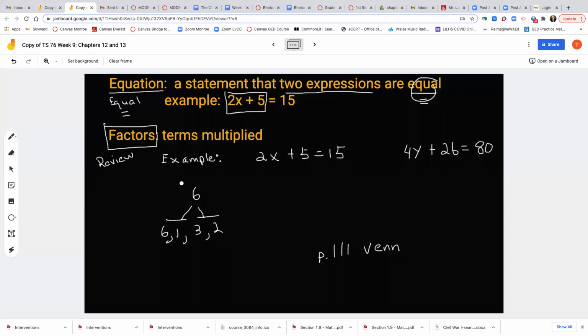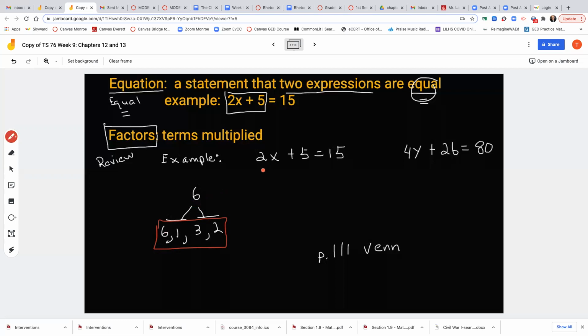So you guys know if I take the number 6, it's got factors. 6 times 1 is 6, and 3 times 2 is 6. All four of those are factors of 6. They're the things that are multiplied into 6. So we learned that before, that those are factors.